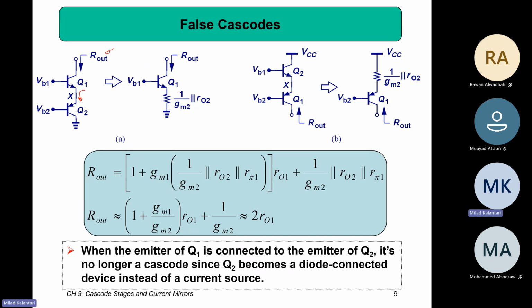Once you look at the emitter, what was the impedance seen? You could transfer it from the base to the emitter, right?